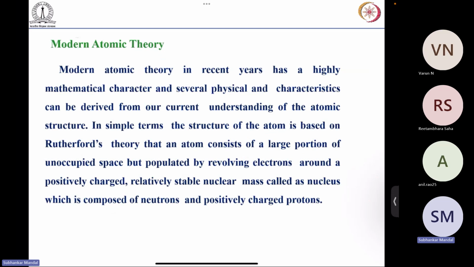Okay, so basically what you can see is that after that we discussed the modern atomic orbital. I am not going into detail.